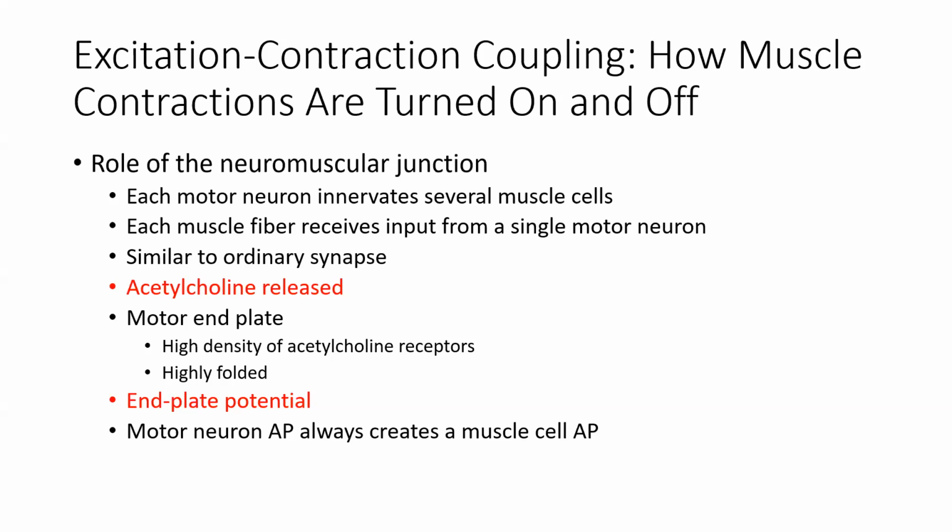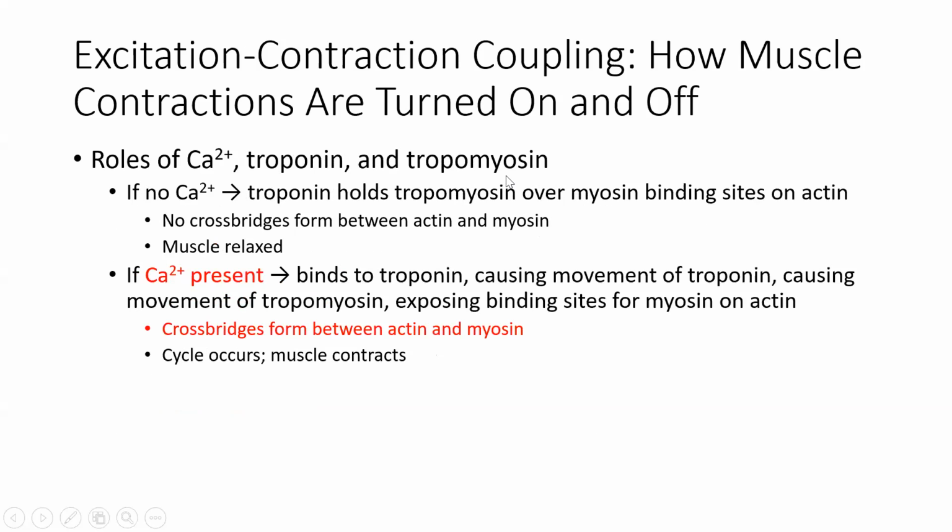And it's highly folded in order to increase the surface area, which will help to spread that end plate potential and convert that electric energy throughout the entire muscle fiber and bring about contraction. Okay. So let's go on to speak about the role of calcium in all of this.